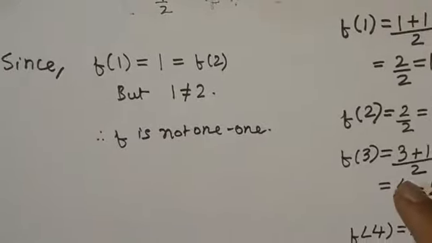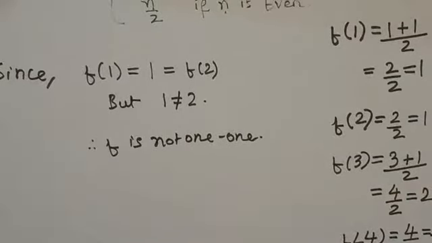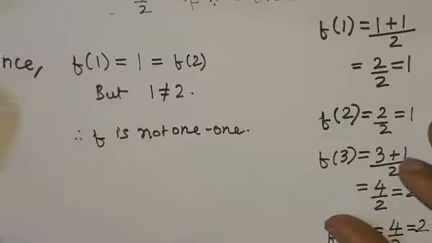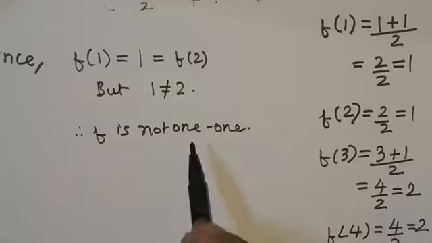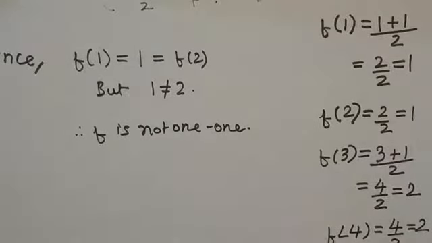Now let us see whether f is onto or not. But here we have to check that the function f is bijective or not. Now since we have got that f is not 1-1, and you know that bijective functions are 1-1 as well as onto, the function f will be not bijective.